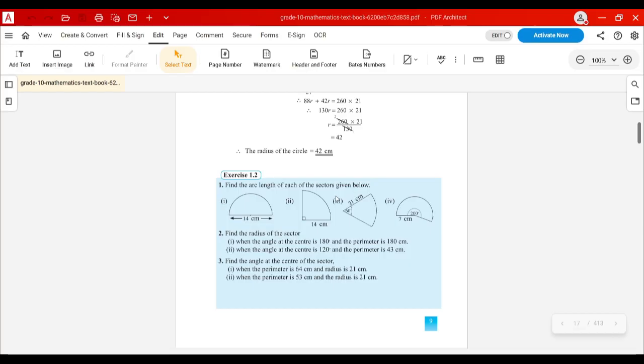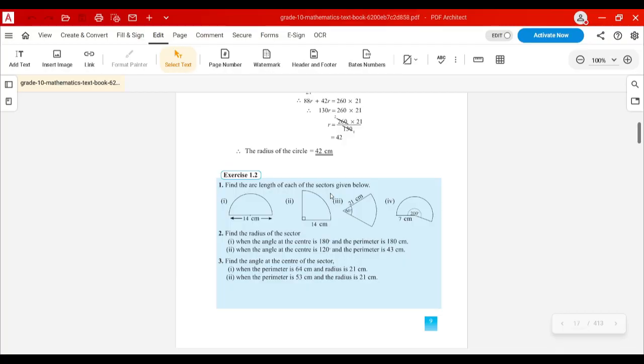Right. So now we are going on to the second question. In the second they have asked you what? Find the radius of the sector. So now we need to find the radius. So the first part, when the angle at the center is 180 degrees and the perimeter is 180 centimeter. So we have been given what?